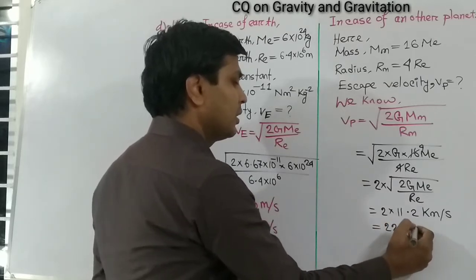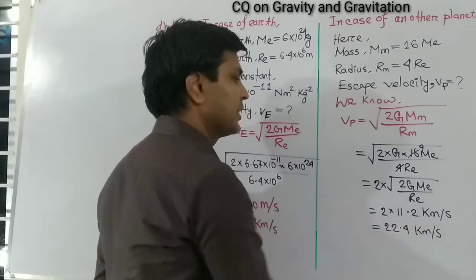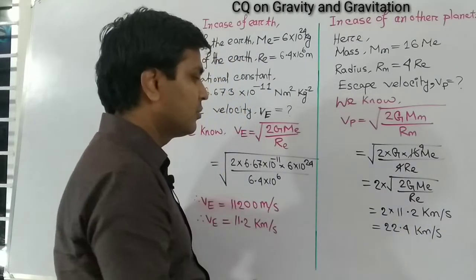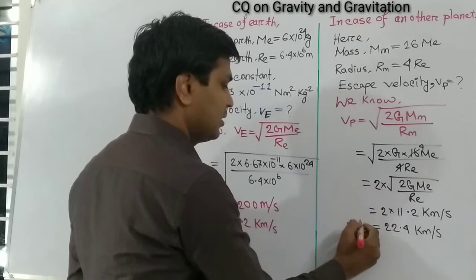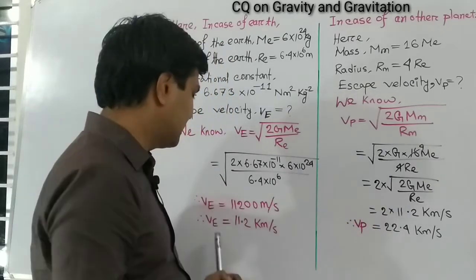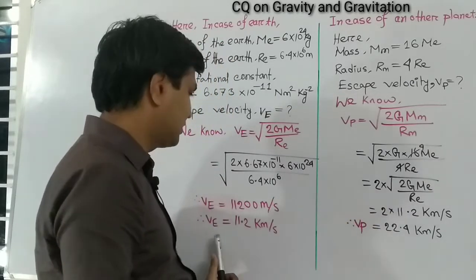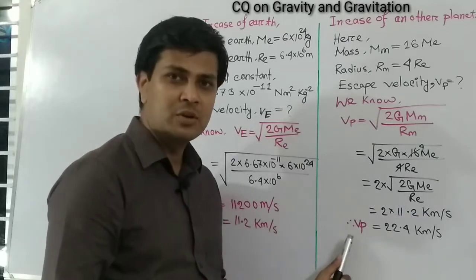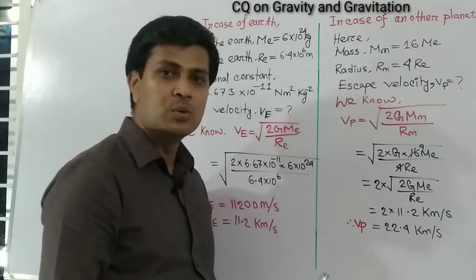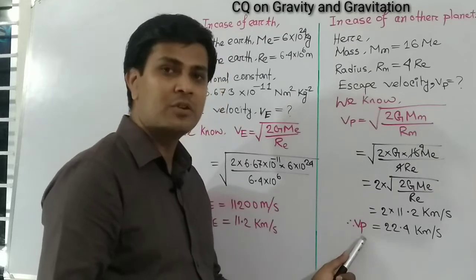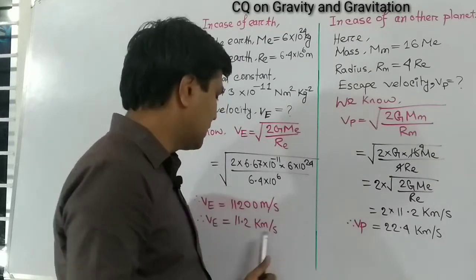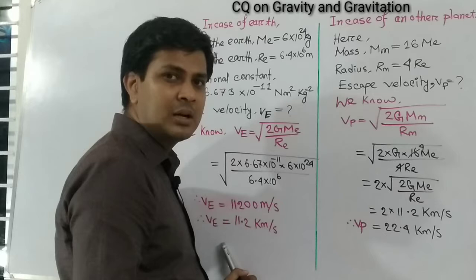So our result will be 22.4 kilometer per second. So from our above discussion, we can say that the escape velocity for Earth's surface and escape velocity for another planet is not equal. That means escape velocity for other planet is double than the escape velocity of Earth's surface.